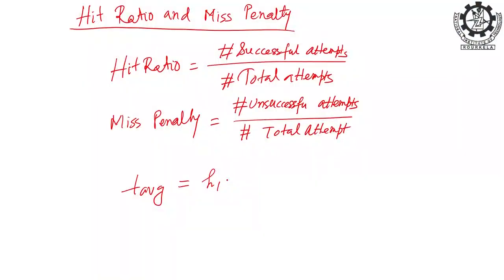So, then what is the average access time? There is something called T average. Let us say H is the cache hit ratio, and C is the access time in the cache, because after all, that data also will be transferred from the cache. So, that is HC, where C is the cache access time.